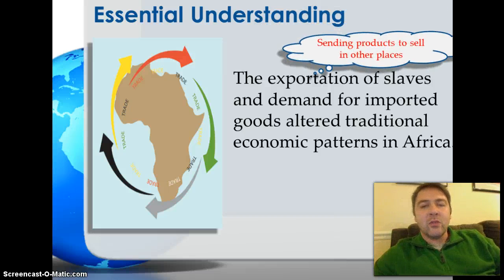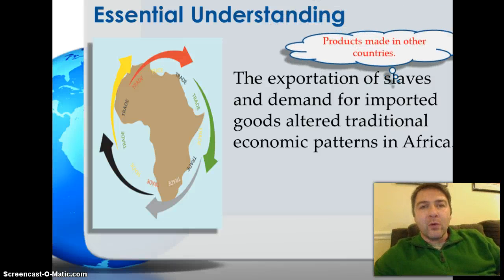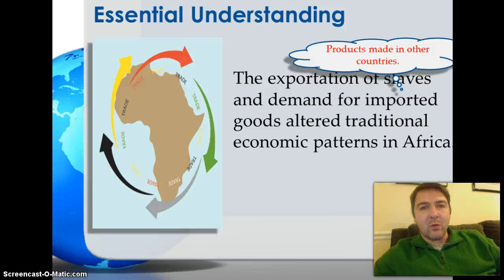Exportation refers to products that are sent to other countries for sale. The product is made, in this case, or comes from Africa and is then sold somewhere else. Imports refer to products that were made somewhere else and then sold in Africa. The product is made in another country and then sold, in this case, in Africa.